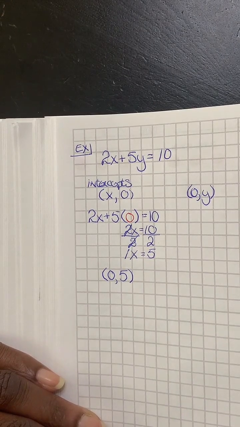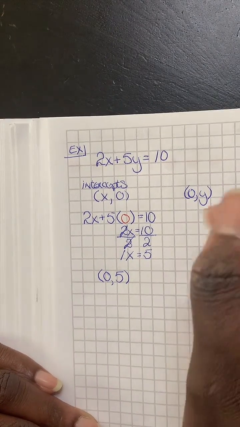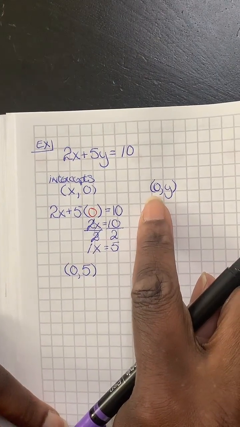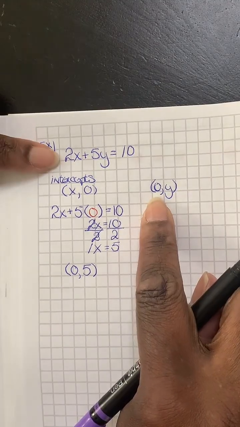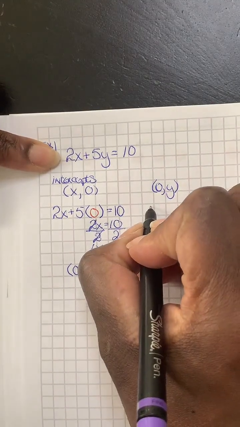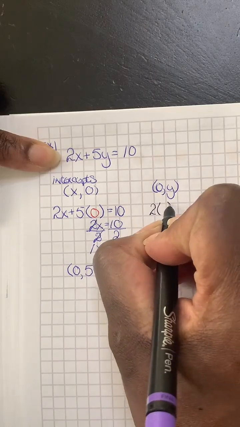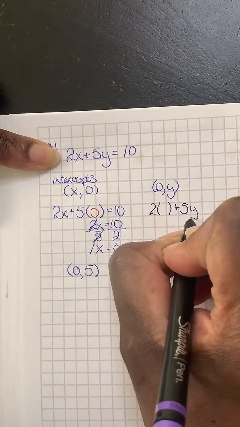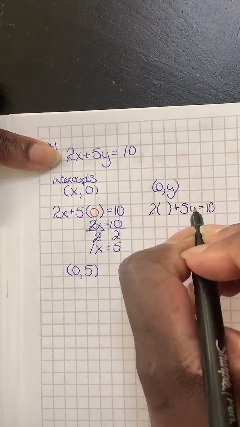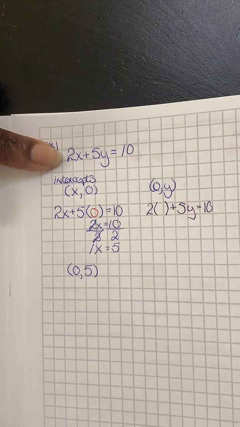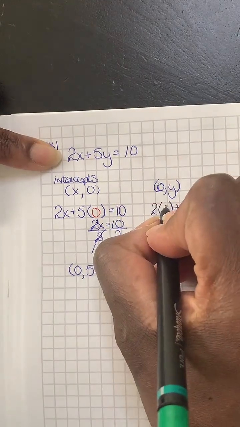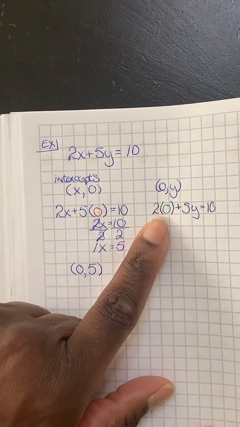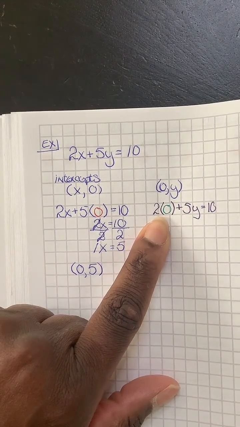So now we can do the same thing, but this time we're going to let our x value equal 0. So if we copy the same equation, I'm going to put a 0 for the x. So 2 times 0, that will just give me 0.